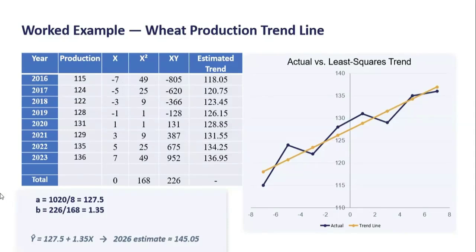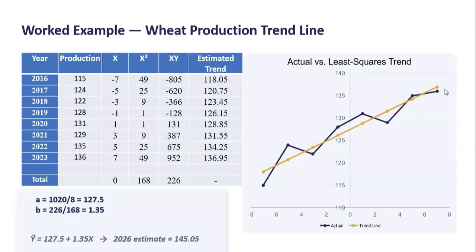For the normal equations, a equals 127.5 and b equals 1.35. So our trend line y cap is equal to 127.5 plus 1.35x.